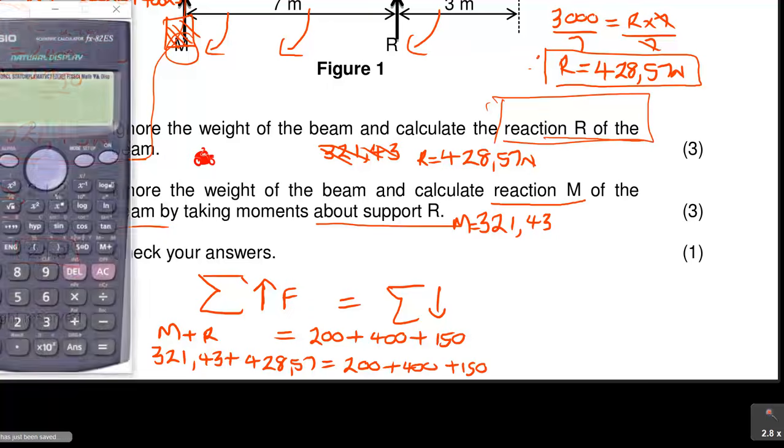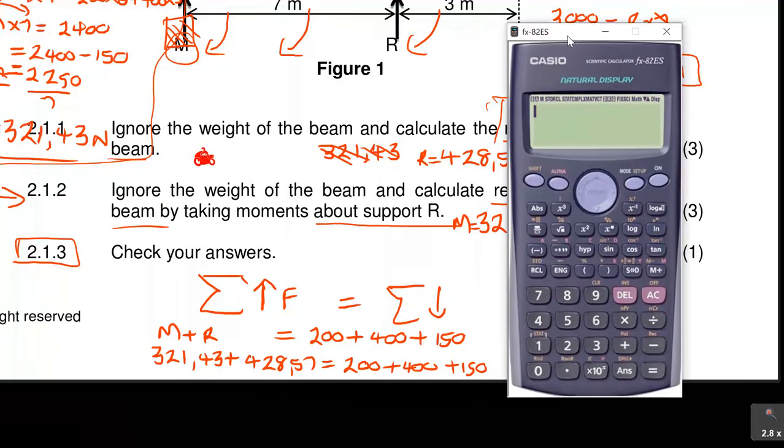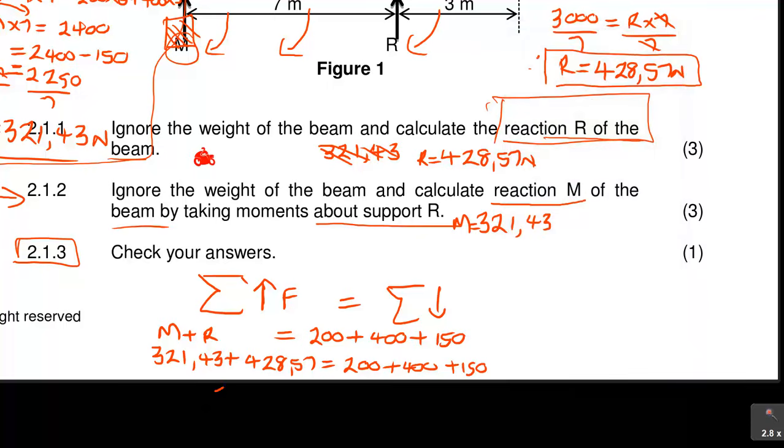So now let's test that. In the first one, we have 321.43 plus 428.57. It gives me the 750 Newtons.